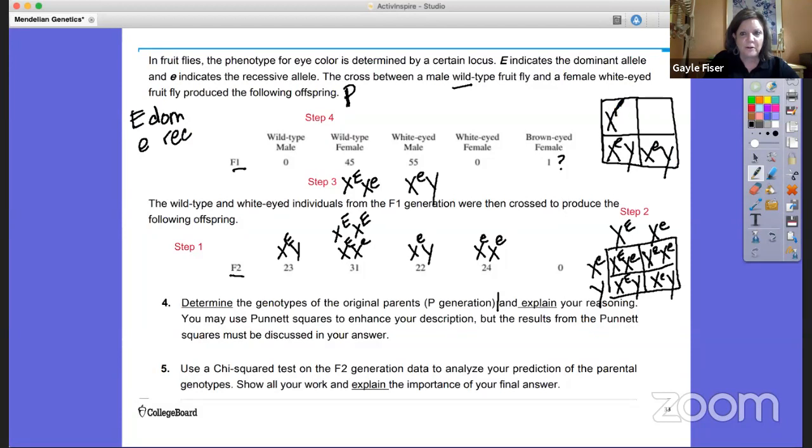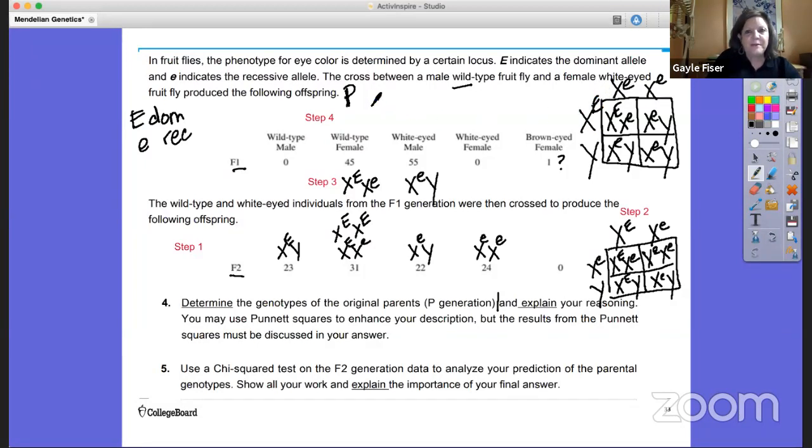So here's our girl. If we have a Y here, we have to have an X little e, and to have an X little e there, and here, we'd have to have this. So this is our parents.